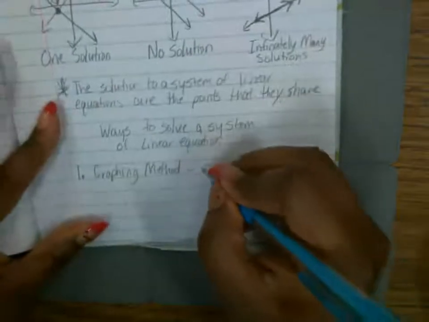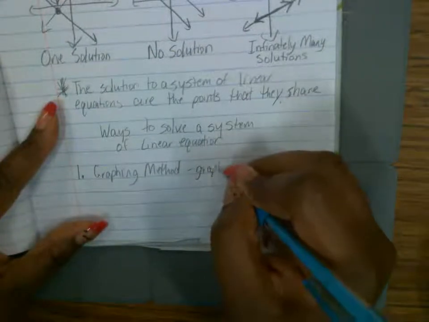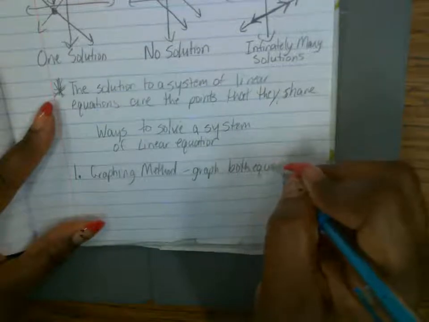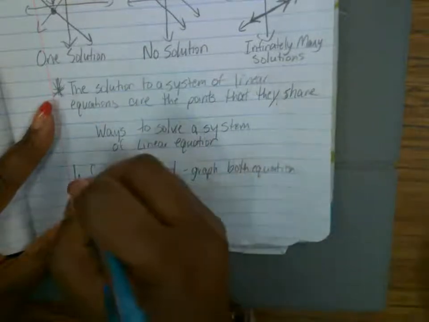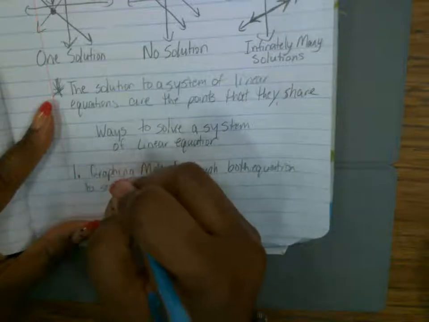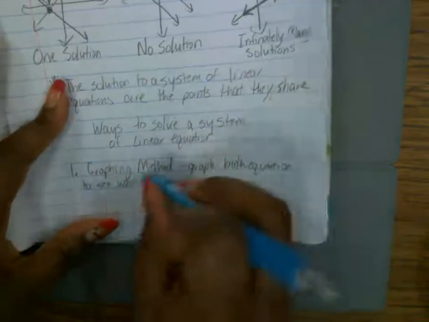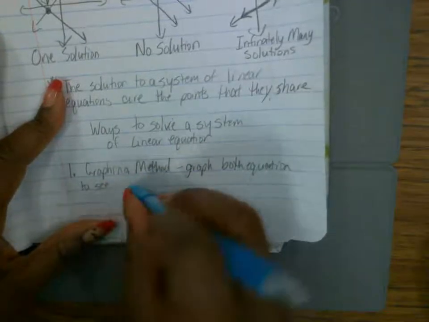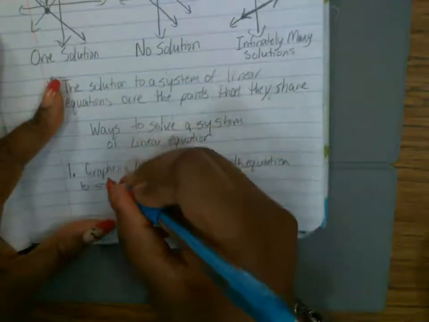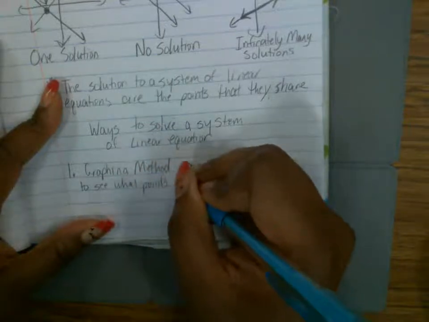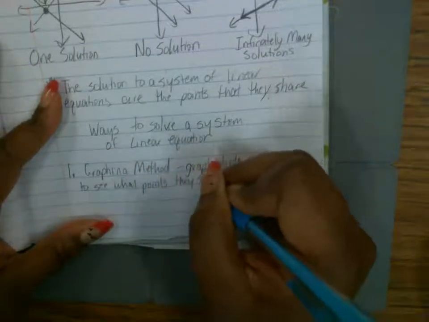So all you're doing is graphing both equations to see where they cross, or if they cross at all, to see what points they share. Okay?